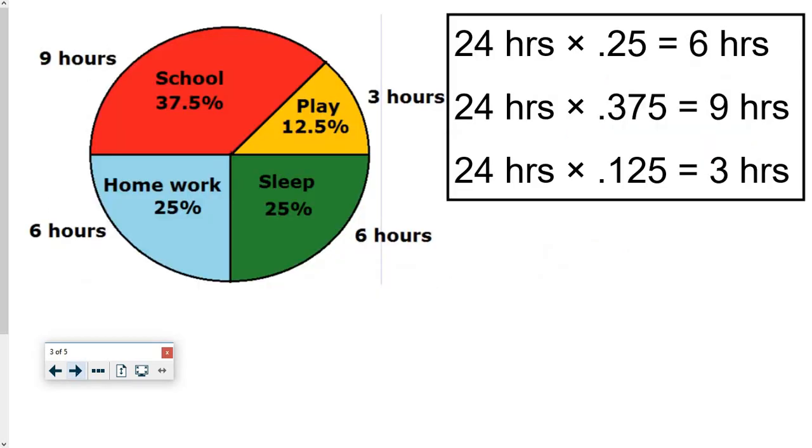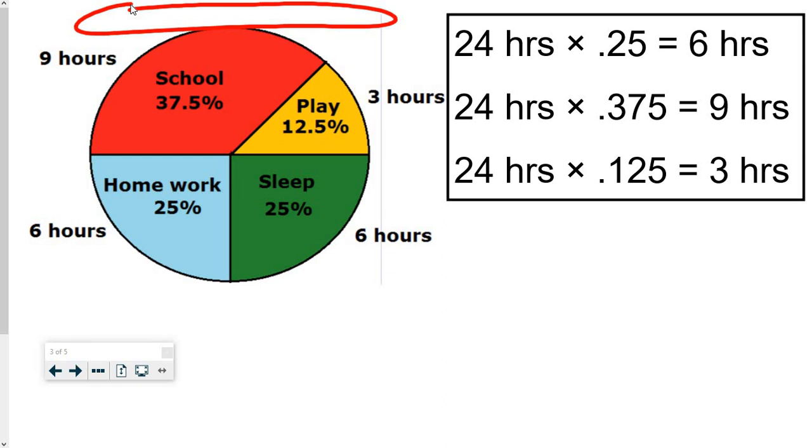To give you an example, this is how much of a day a student spends on activities. This would be marked wrong because there's no title, but the title up here should read what percentage of the day a student spends on each activity. They spend 6 hours sleeping.